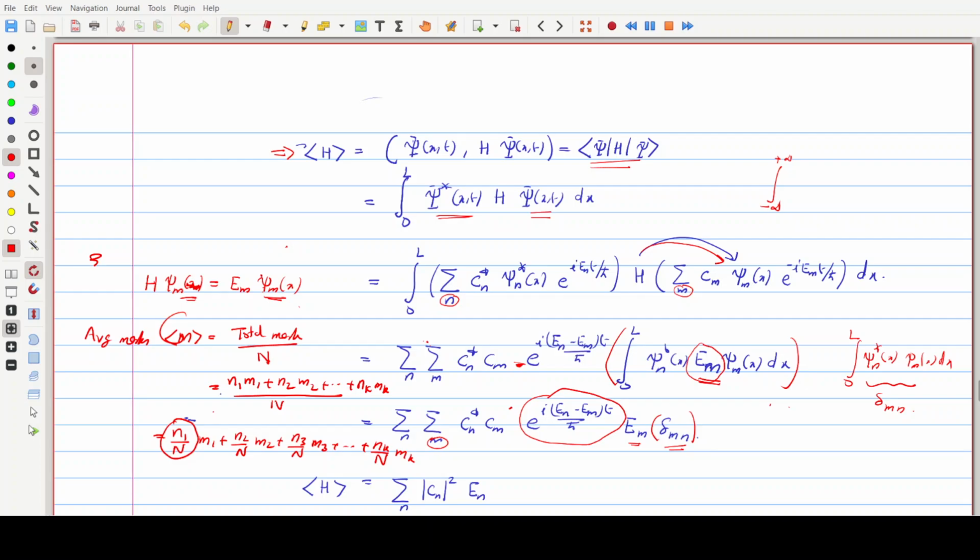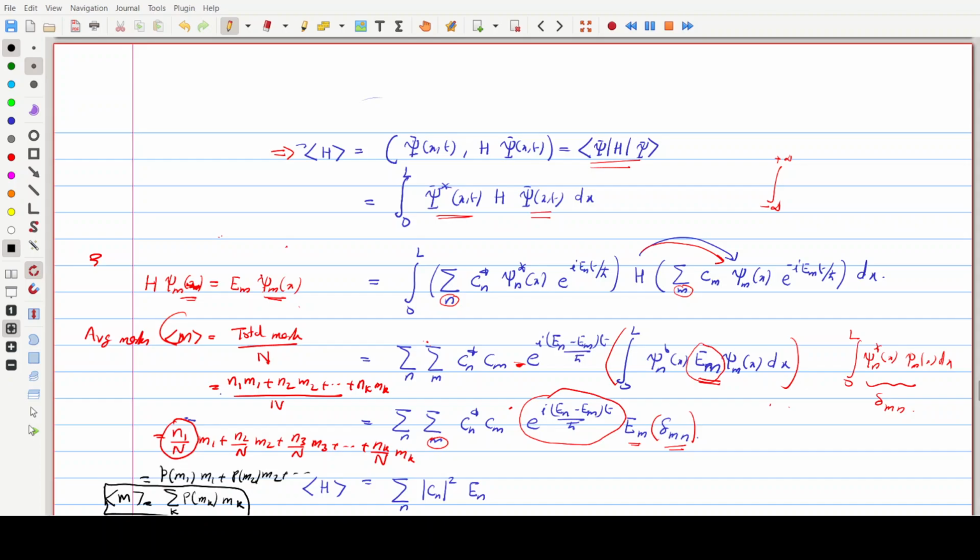Similarly, N2 by capital N would be the probability to get M2 marks, and N3 by N is the probability to get M3 marks, and so on. So this can be written as the probability to get M1 marks times M1, plus the probability to get M2 marks times M2, plus etc. Or it is the sum over k of the probability to get Mk marks times Mk. So the average marks can be written in this way.